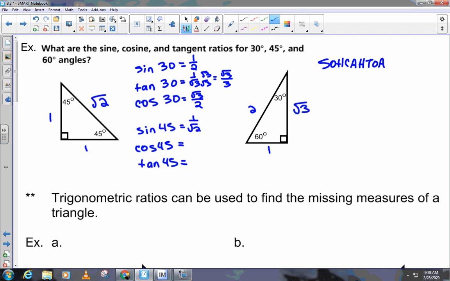I can't have a radical in the denominator, so I rationalize it. And I get radical 2 over 2. Cosine of 45. Again, adjacent over hypotenuse, that would be 1 over radical 2, which is radical 2 over 2. What about the tangent of 45? Opposite over adjacent, so it would be 1 over 1, which is 1, right?